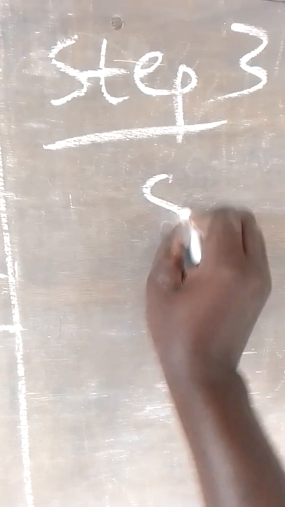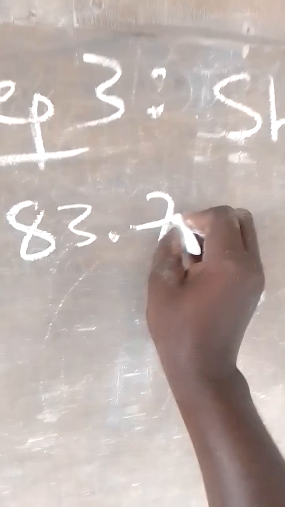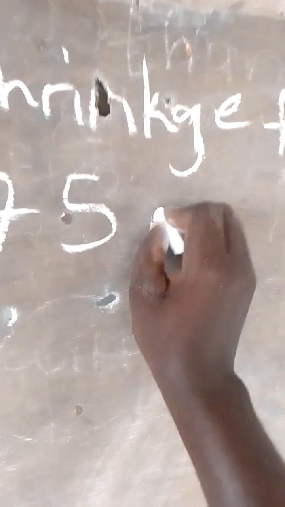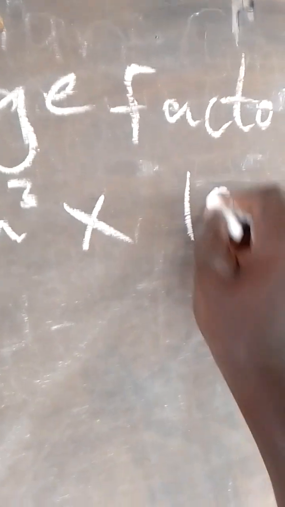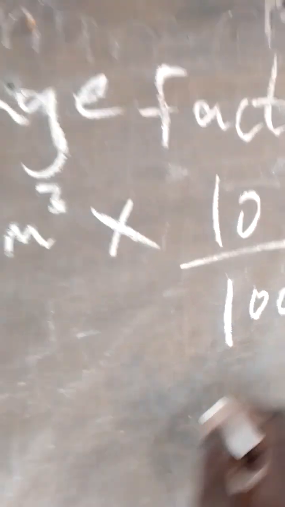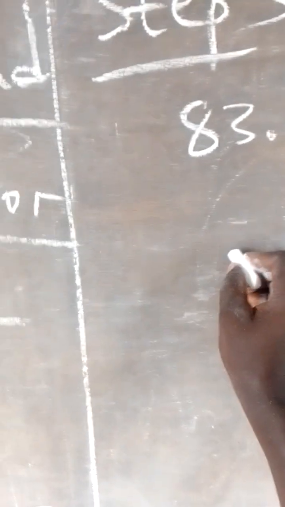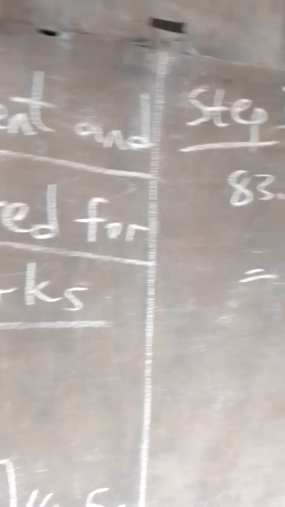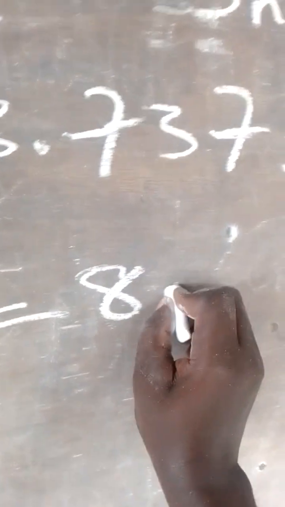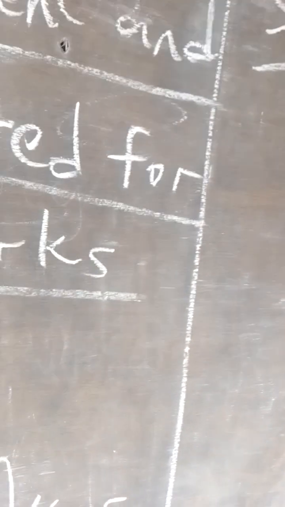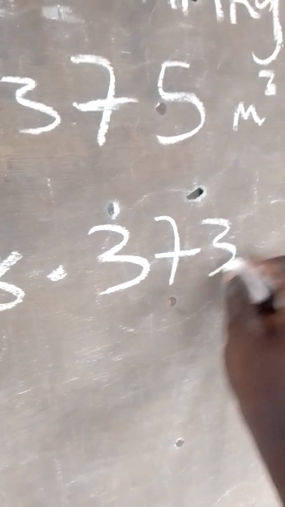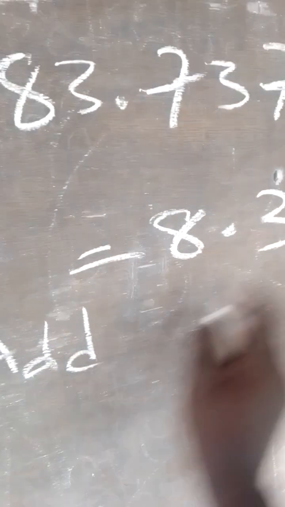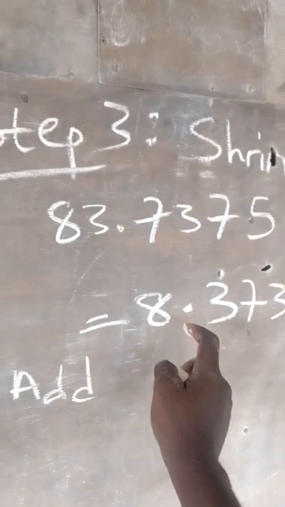83.7375 meter cube times 10%. That's 10 over 100. This times this divided by 100 will give us 8.37375. It's very simple. This is the 10% of this.